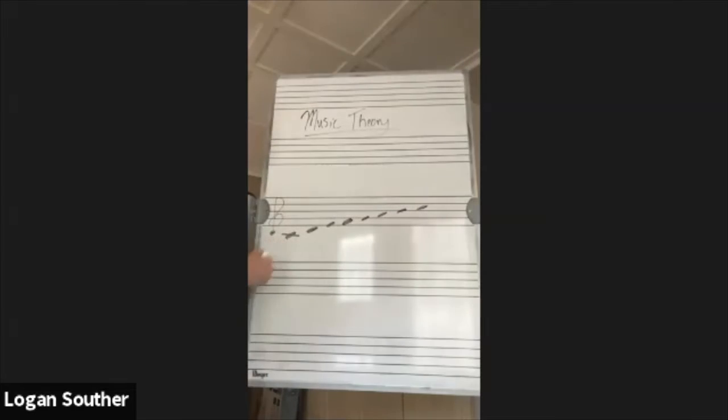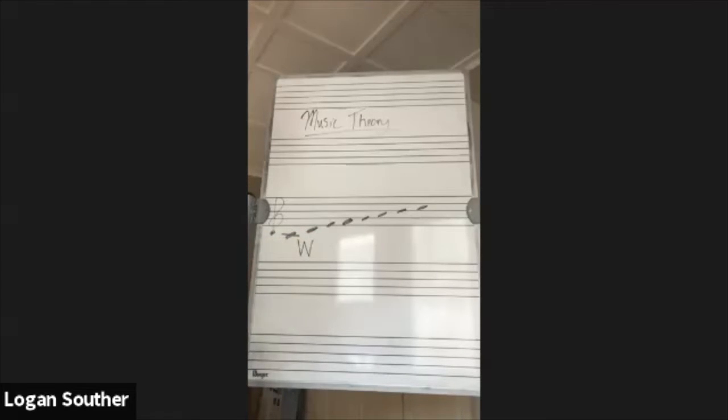So C to D is not a half step, but it's a whole step. So I'll put a W down there for whole step. As we're working this out, make sure you're writing this on your paper, because this is important and definitely will come back later on.